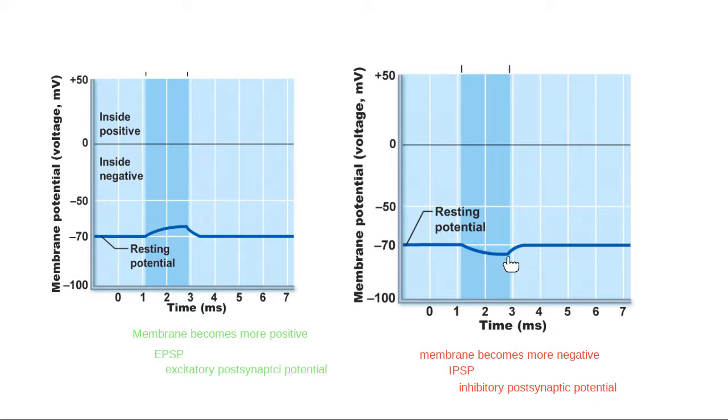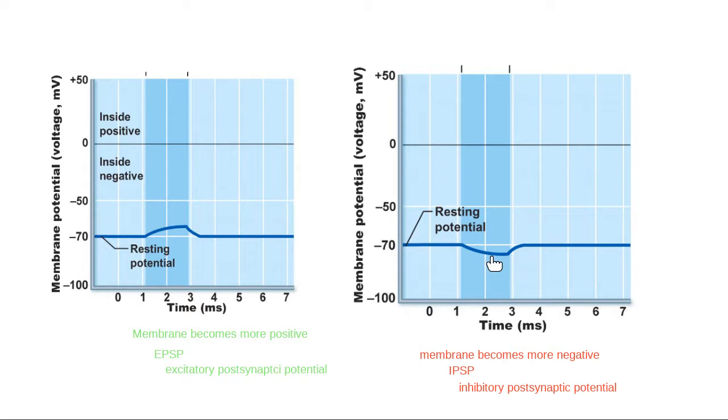That would make my membrane charge go down. If my neurotransmitter, if my message, opened up a channel for potassium, potassium rushes out. My positives leave. That also makes an IPSP. My inside gets more negative.